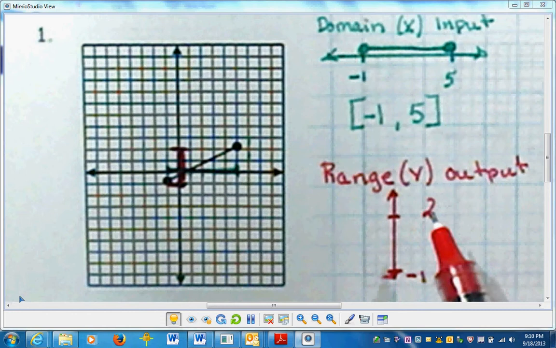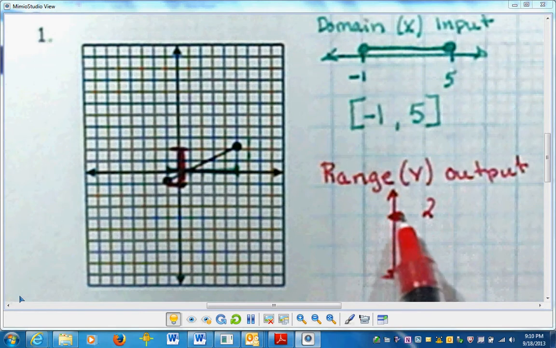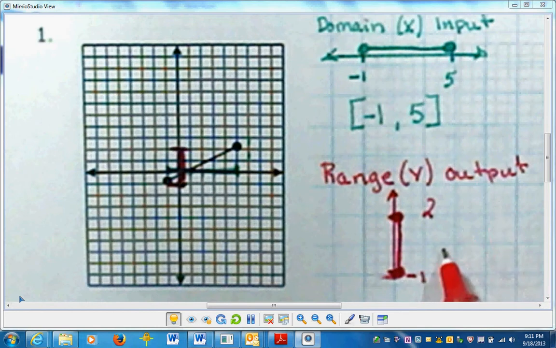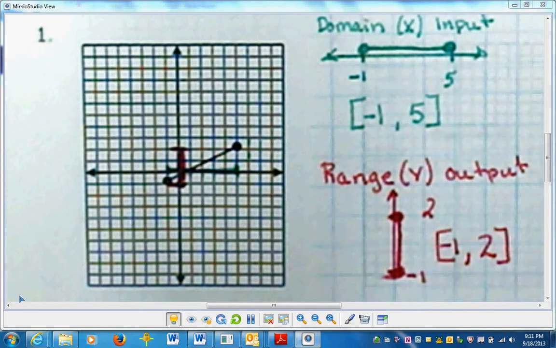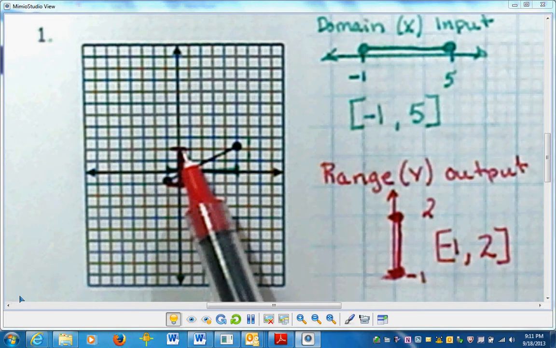So it goes from -1 to 2. So if I write this in interval notation, remember, it's everything in between. It's just that now my axis is up and down because I'm looking at my y values. So this means that I start off at -1, and it includes -1, and it goes all the way to 2. So in interval notation, I'm saying my range is from -1 all the way to 2.